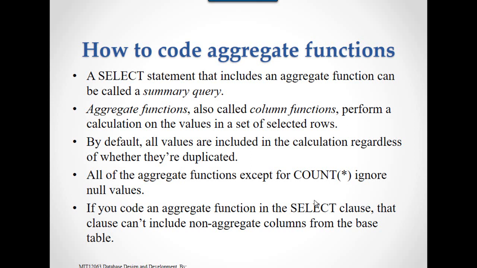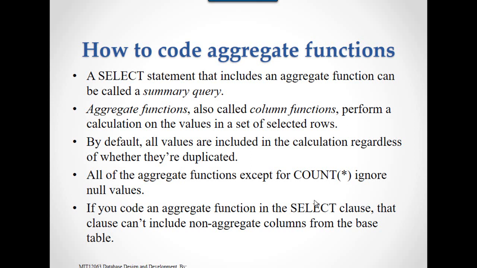A select statement that includes an aggregate function can be called a summary query, which means when you are using an aggregate function in a query, it's called a summary query. And aggregate functions, as I told, are also called column functions.